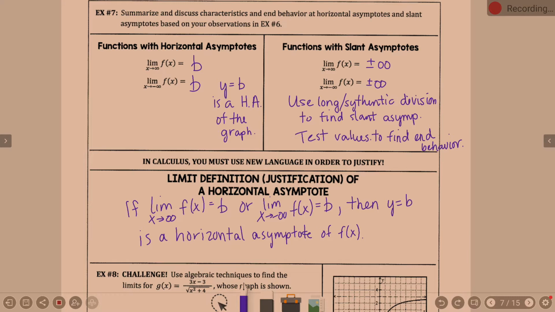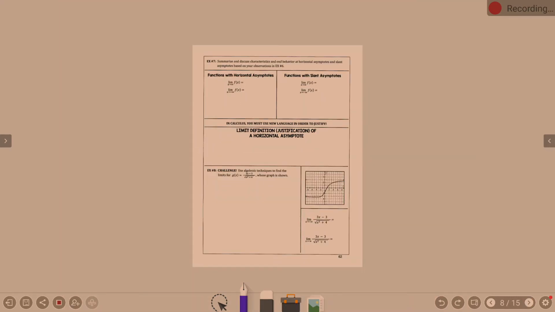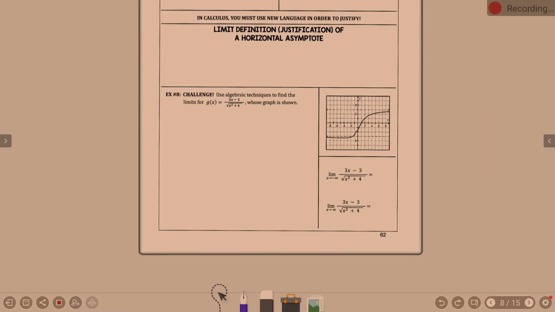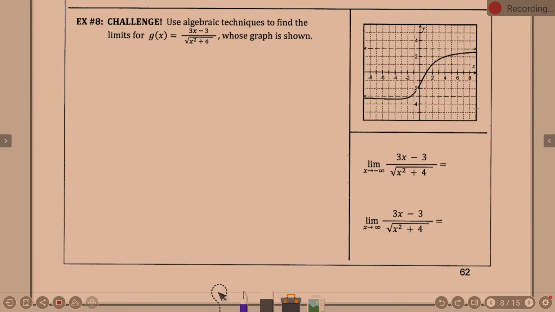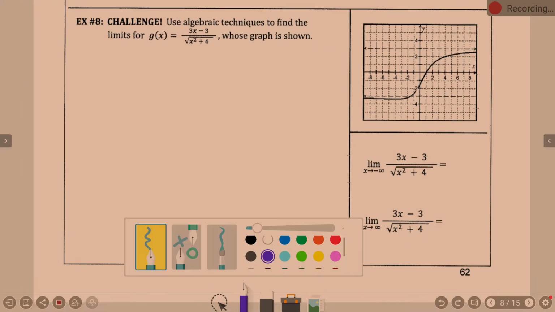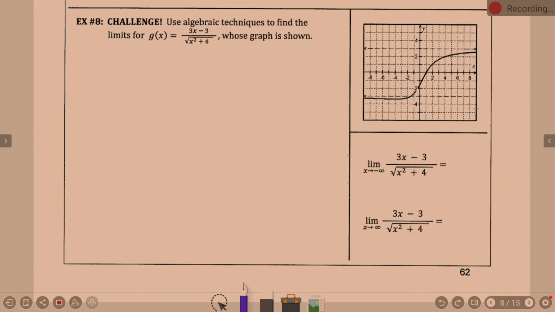One last thing at the bottom. As we look at the bottom here, yes, they give a graph, but if we're talking algebraic techniques to find these two limits, the limit as x approaches positive or negative infinity of this function.